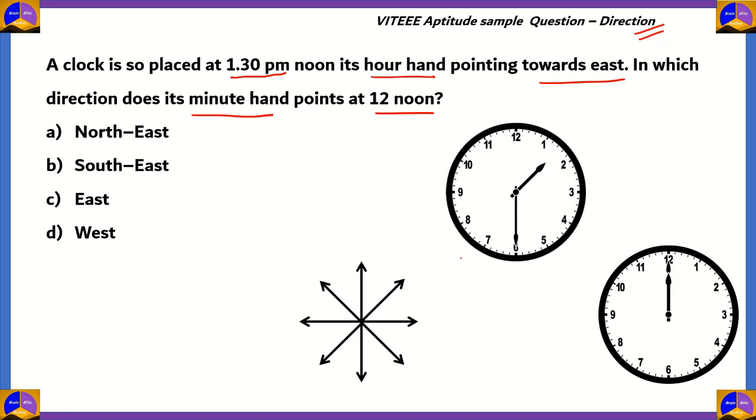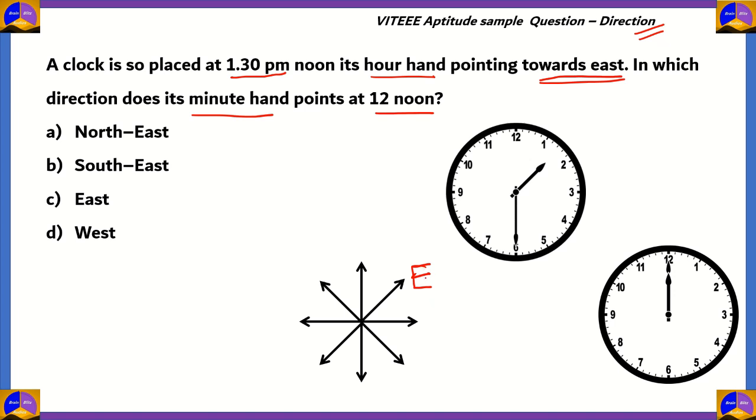So here we have a direction map, and we can see that this particular arrow points in the same direction as the hour hand at 1:30. So therefore, since we have the information that the hour hand points east, we will write this particular direction as east.